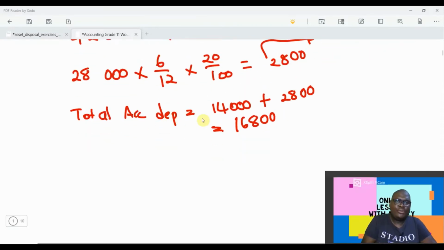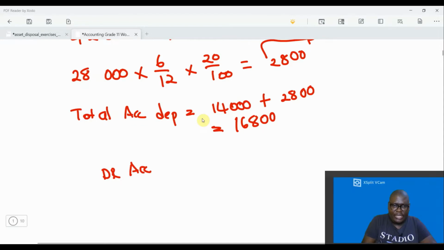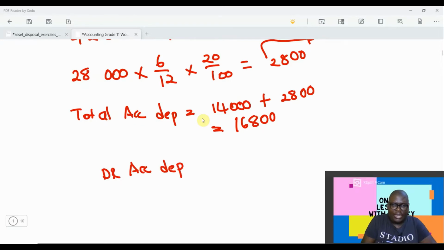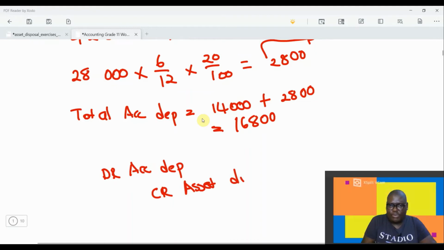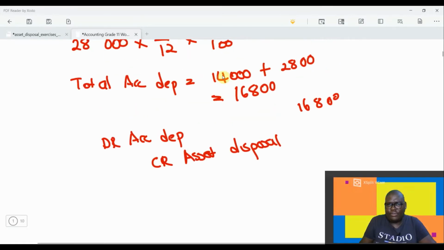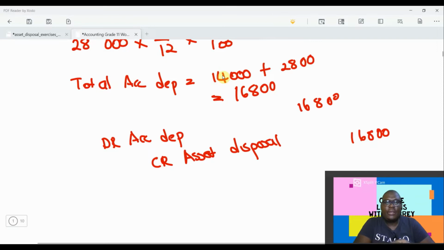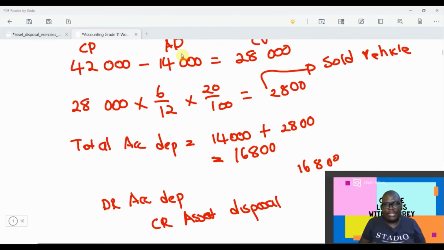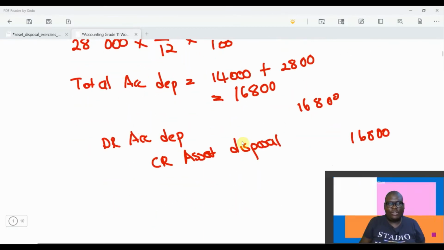So remember, when we show this, because we are selling, we debit accumulated depreciation, and then we credit asset disposal by 16,800, and then also 16,800 this side. So we've already shown the effect on both the accounts here.